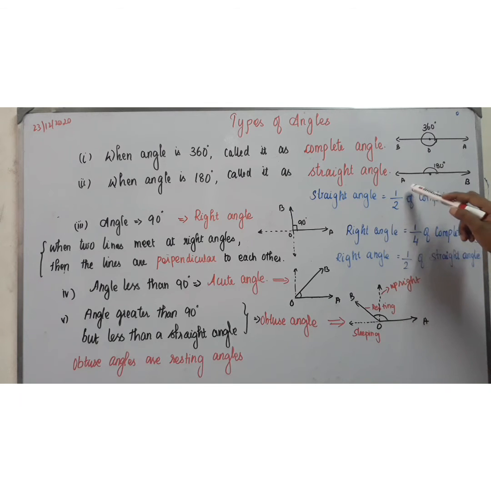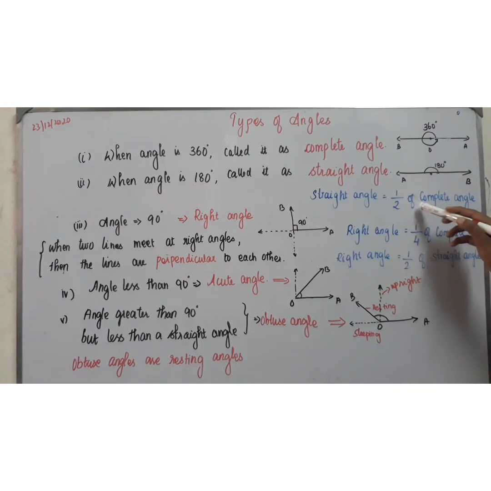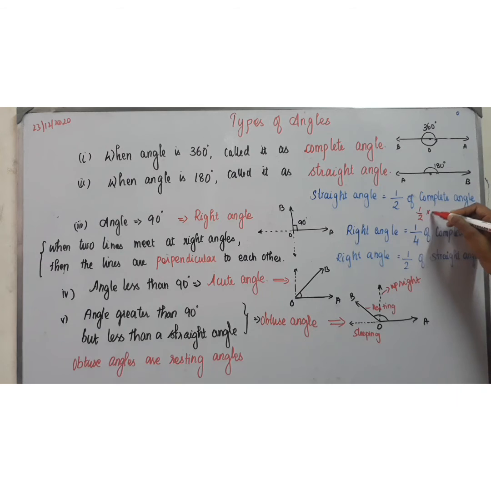A straight angle is 1 by 2 of a complete angle, right? Because fully 360, in that half only it will be 180 degree, right? Half 180, half 180. So 1 by 2 of complete angle, that means 1 by 2 multiplied by 360. When you cancel it, you will get 180 degree. So a straight angle is 180 degree.